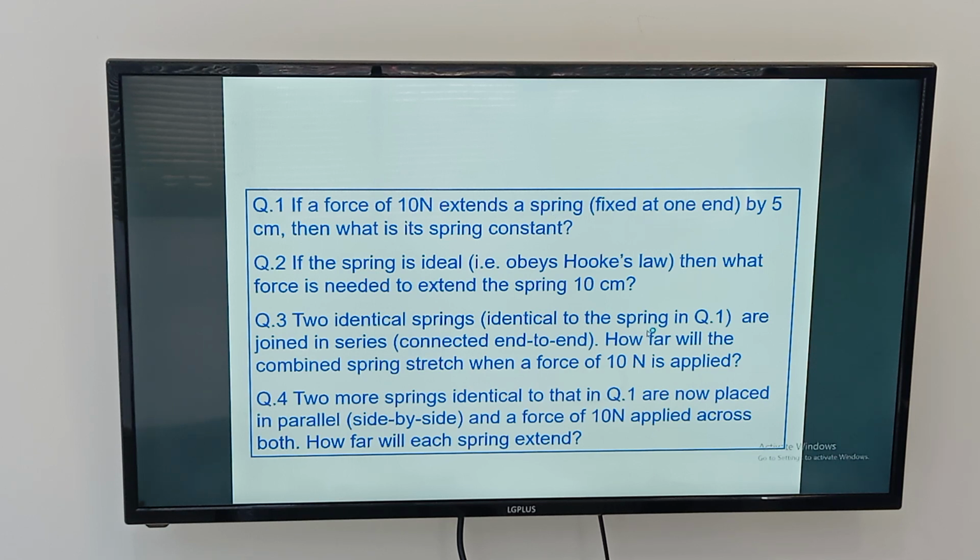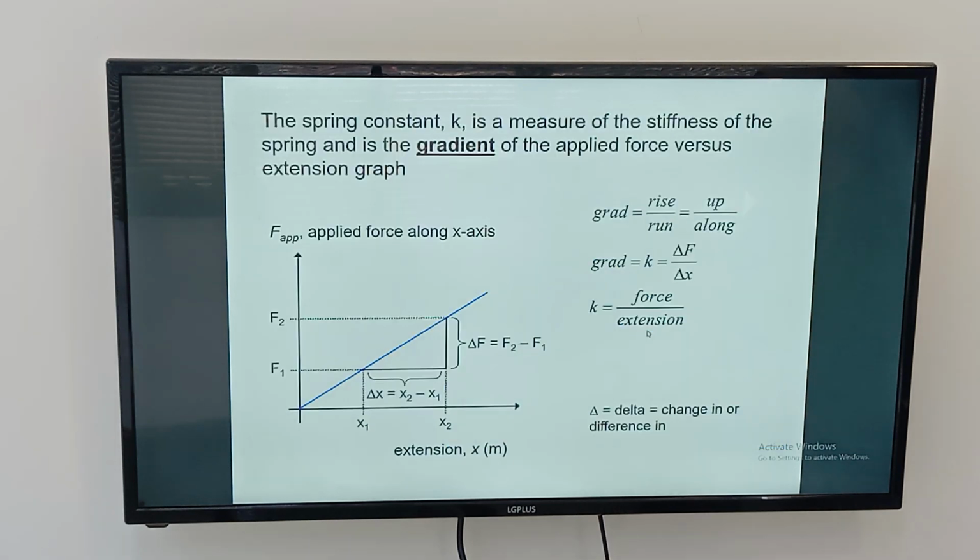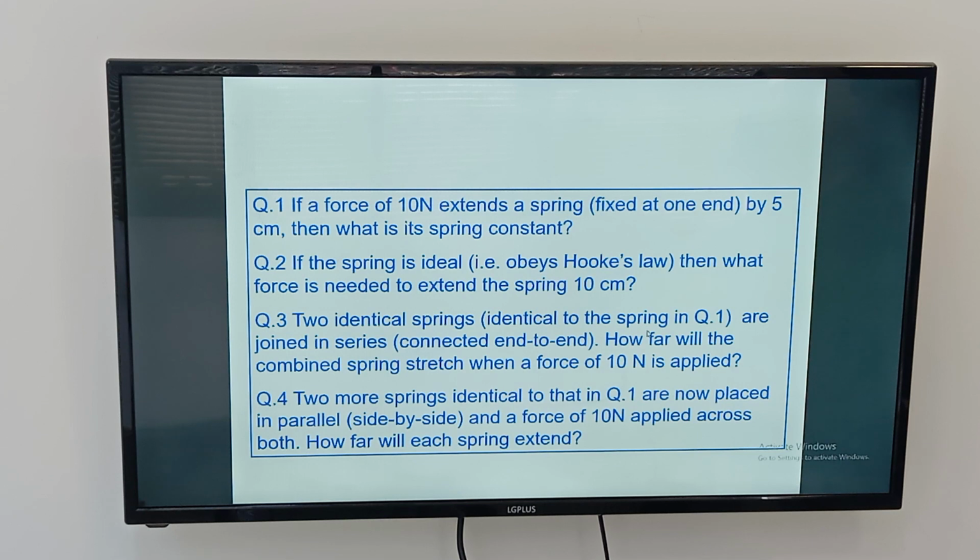You can use two laws. You can use Hooke's law by assuming these springs are ideal, or you can use this law: the constant equals force over extension. By going back to the information from question 1, we know that the value of the constant is 2, by dividing 10 by 5.